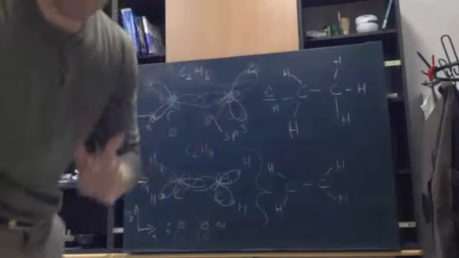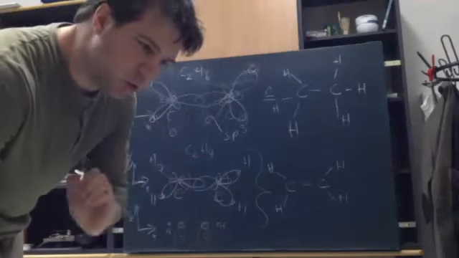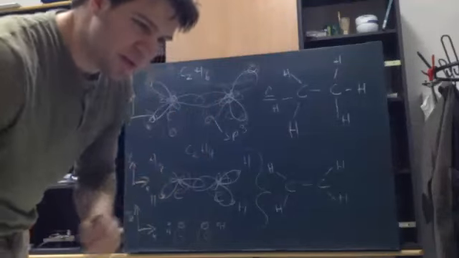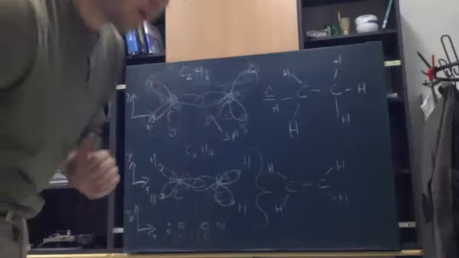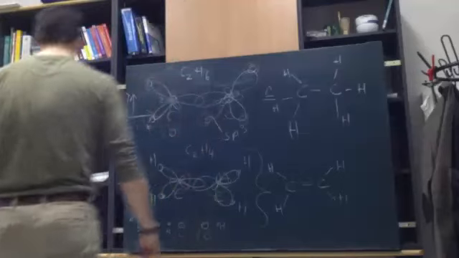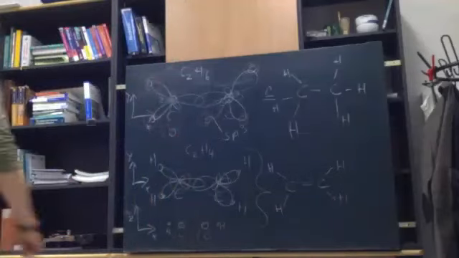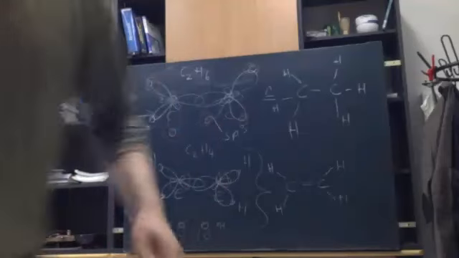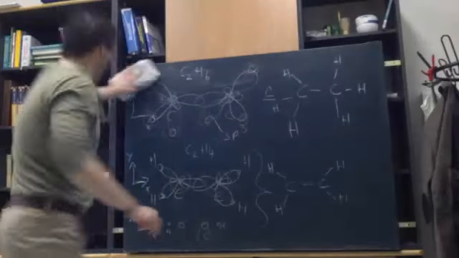And my question for you is, if you look at CO2, what kind of hybridization would you expect on the carbon and on the oxygen? So think about it. I'll erase the blackboard.